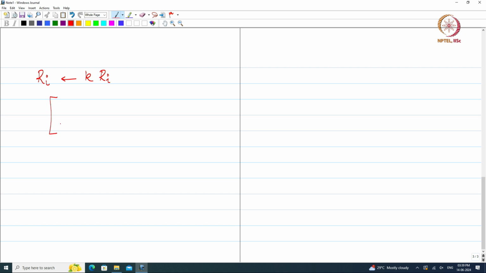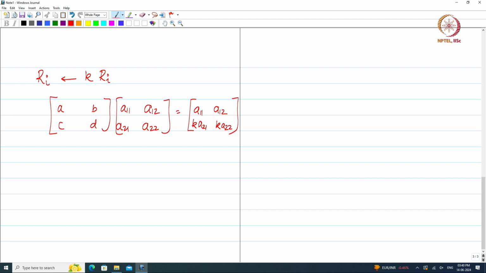We have A B C D again, and I am going to multiply this with A11 A12 A21 A22, and this is going to give me A11 A12 k times A21 and k times A22. This is what I want. How do I do that?